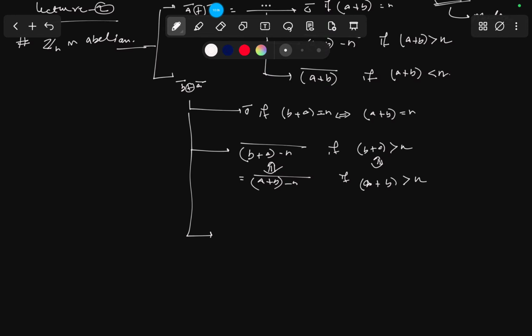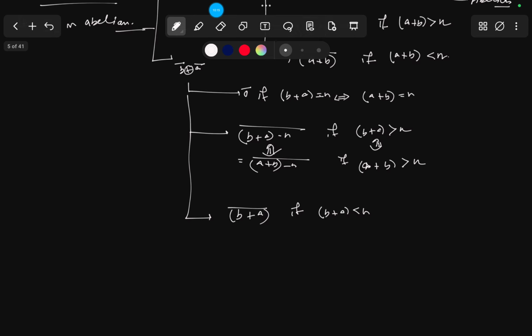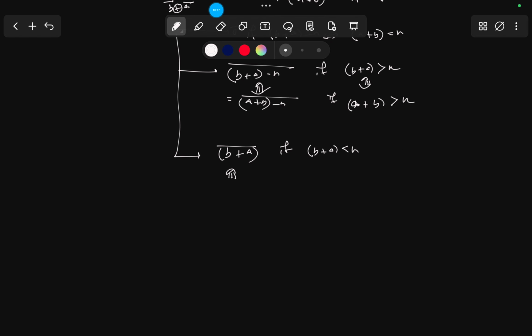Similarly, it is b plus a bar if b plus a is less than n. Now b plus a bar is the same as a plus b bar, and the condition overlaps with a plus b less than n.